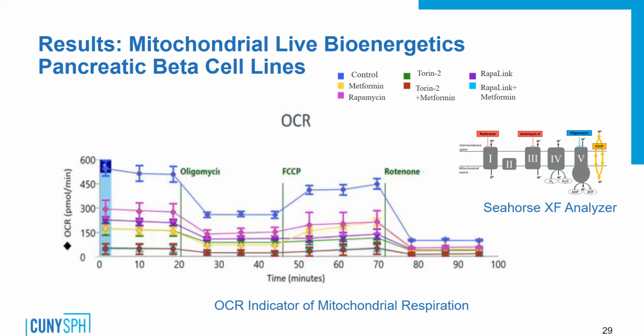So looking at the beta cell, we found that there is a decrease in the OCR, the mitochondrial respiration, with all the mTOR inhibitors, taurine-2 and metformin, and the combination of taurine-2 and metformin, as well as Rapalink, which inhibits the rapamycin binding site, as well as the ATP inhibitor.